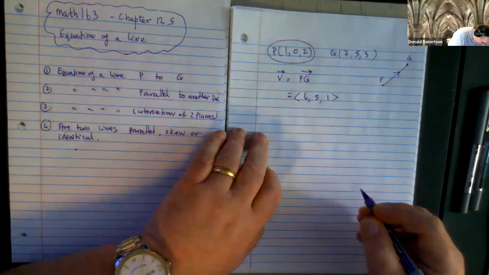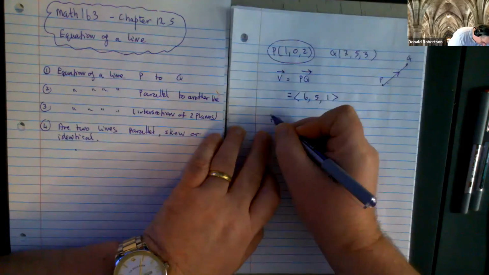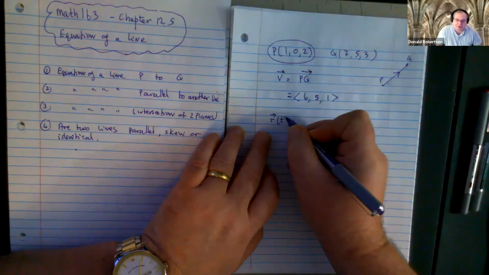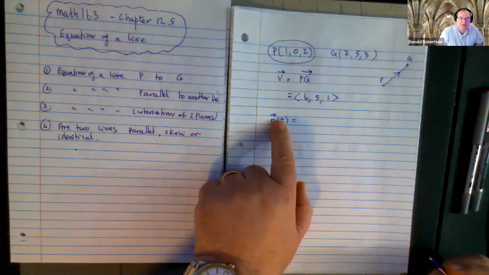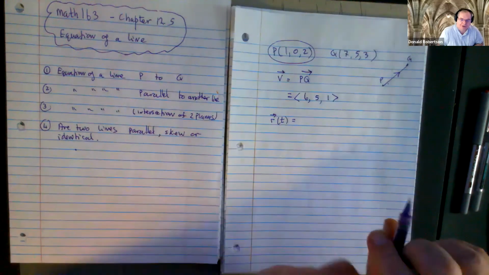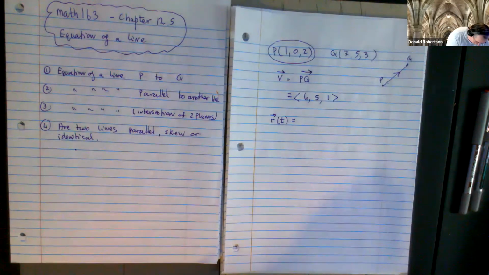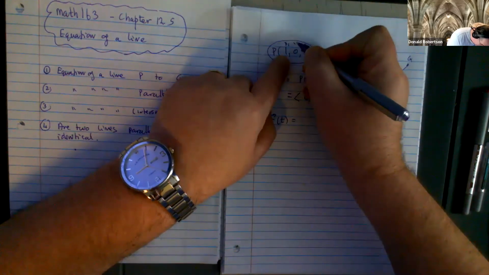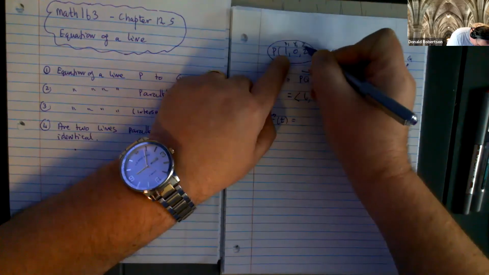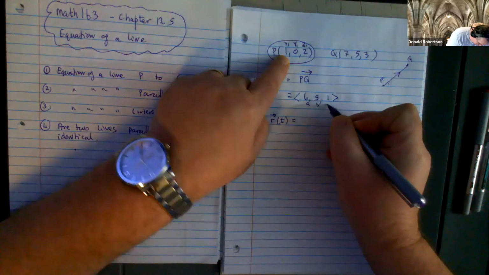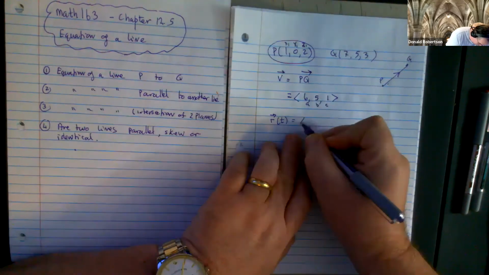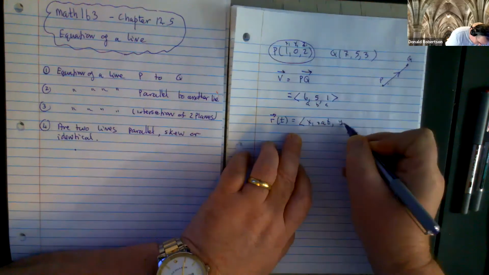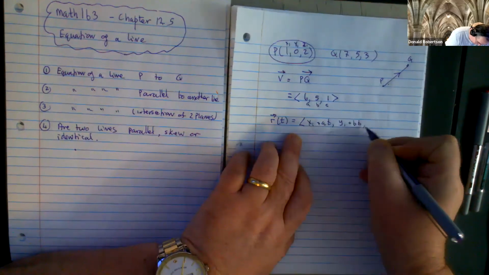And I'm going to do the equation of the line using space curve, which is this. And it's really just a matter of putting the pieces together. So if we call this point X1, Y1, Z1, and I call the direction vector, say, ABC, it's X1 plus AT, Y1 plus BT, and Z1 plus CT.